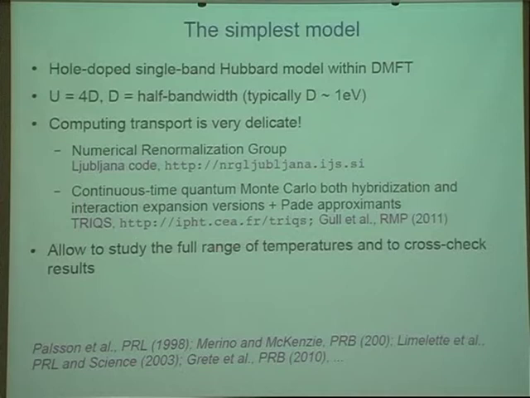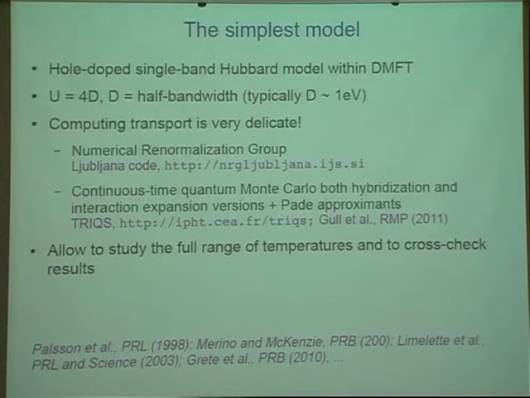This has been done with the TRIQS package, which is also an open source package that you can get here, which we develop between Saclay and École Polytechnique. To get more info, you can look at this review by Emmanuel Gull and collaborators. So using those tools, we could really study the full range of temperatures.